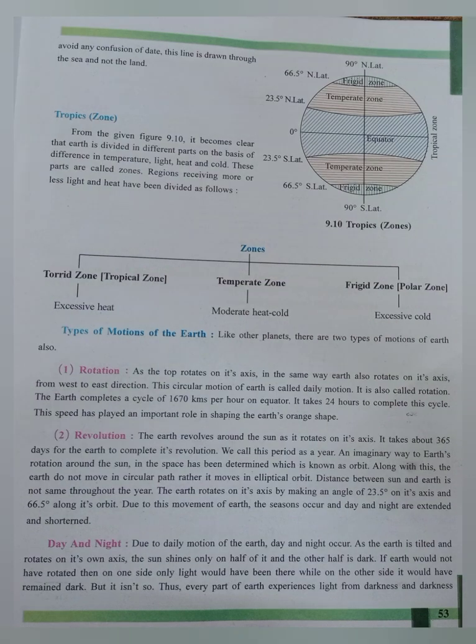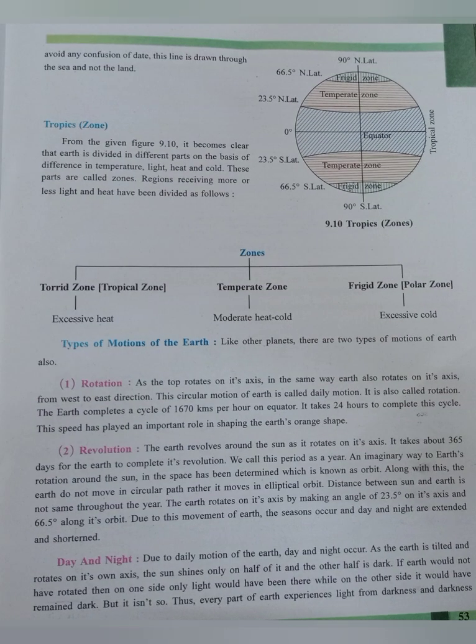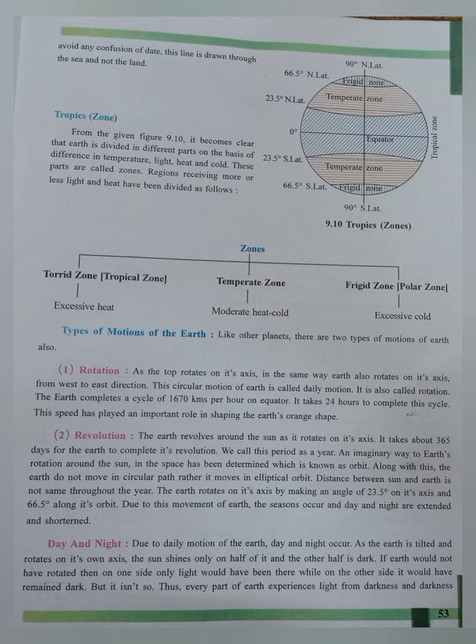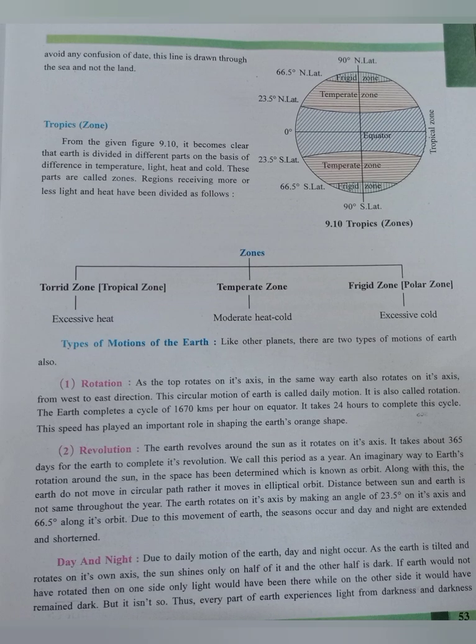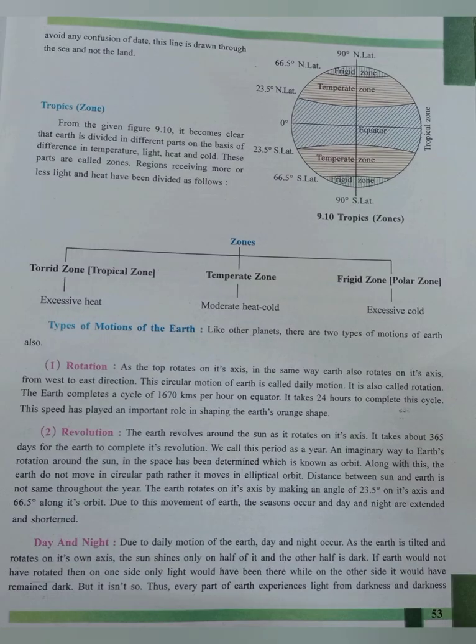But it isn't so. Thus, every part of earth experiences light from darkness and darkness from light in every 24 hours. Students, the earth is round. Only half of it gets sunlight and the other half remains in the opposite direction. It is day on the area where the sunlight falls and is night in the opposite area.